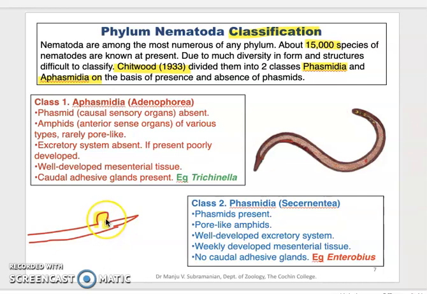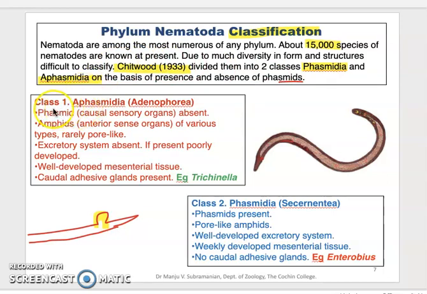They are of smaller size and present in the caudal region, and they are called porous caudal papillae, which are chemosensory, glandular or excretory in function. Those structures are called phasmids. Based upon the presence or absence of these phasmids, there are two classes, that is Aphasmida and Phasmida.